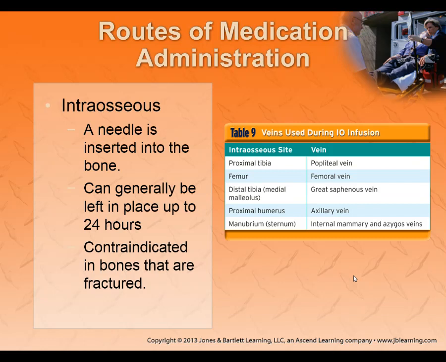That's where I've done them the most often. I've done it with something called a Jamshidi. It's a specific kind of IV that's given, but there are your sites: the manubrium, which is in the sternum, the proximal humerus, the proximal tibia, the femur, and the distal tibia, or near the medial malleolus. Those are places, and those are the veins that they go with.